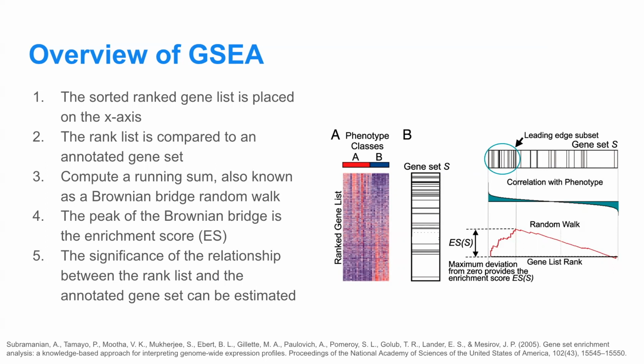Then you compute the enrichment score as the peak of that Brownian Bridge plot. Finally, you can estimate the significance of the relationship between your ranked input list and the annotated gene set. If this all sounds a bit complicated, I'll go through the steps in more detail, but I also highly recommend you read the original paper if you're very interested in the specifics of this.